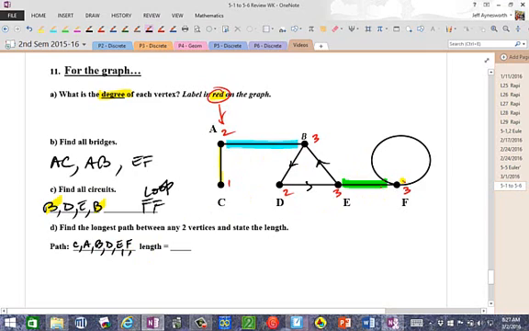Yeah, we can go back and loop around. So we went 1, 2, 3, 4, 5, 6. Its length is 6 because there are 6 edges. That's from C to F. We started at C and ended at F. That's a path, not a circuit. Length 6. So there we go.